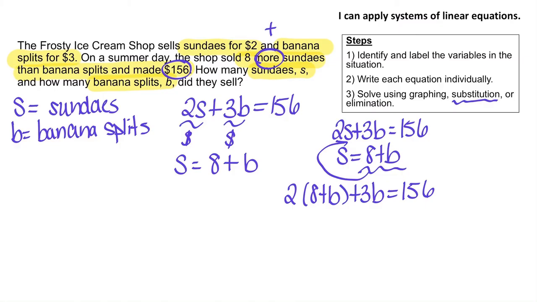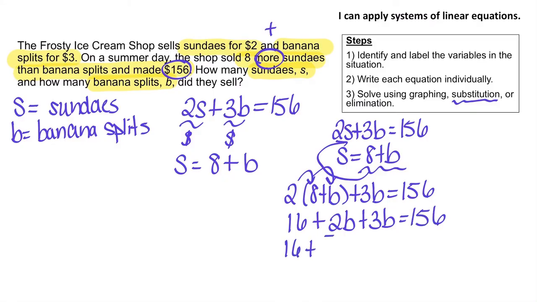So what I can do now is distribute this 2. If I distribute the 2, I get 2 times 8, which is 16, plus 2 times b, which is 2b, plus 3b equals 156. So I have 16 plus 2b plus 3b, which is 5b, and that equals 156. Now this is a positive 16, so I'm going to subtract it from both sides to work on solving for b.